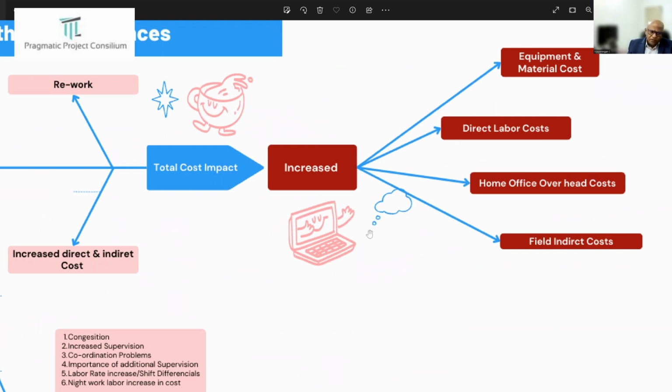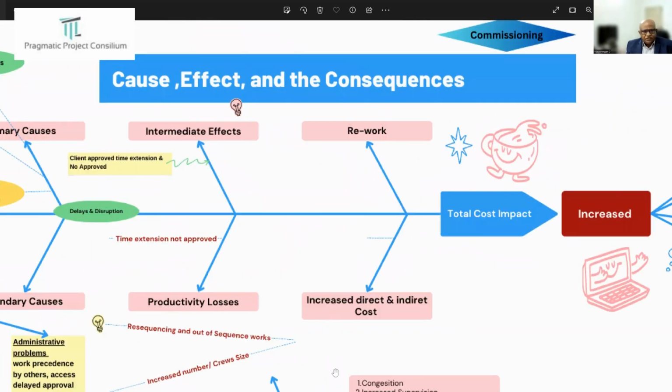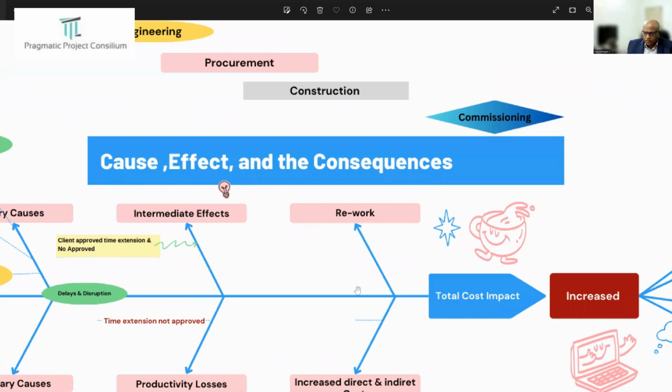This is how the cause, effect and consequences are projected in engineering, procurement and construction projects.